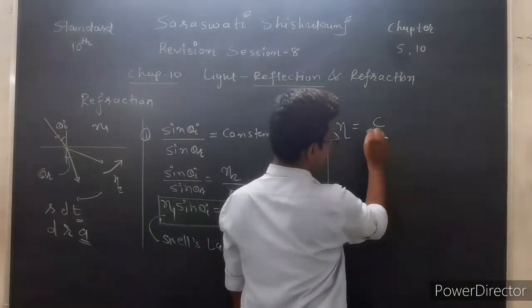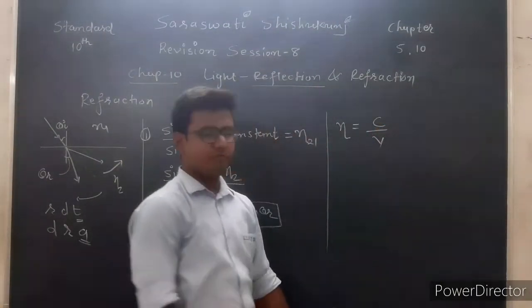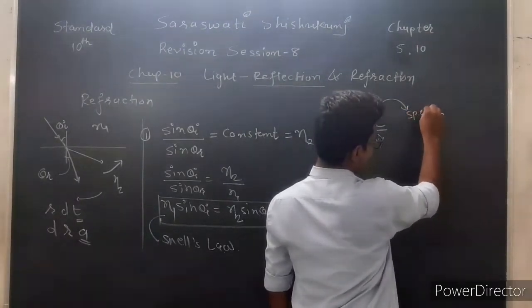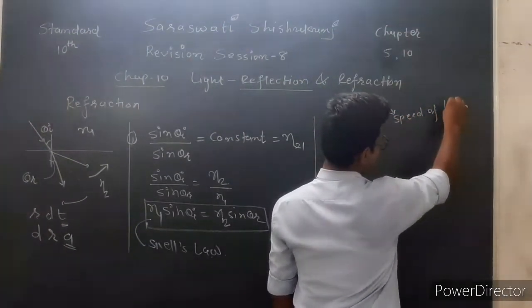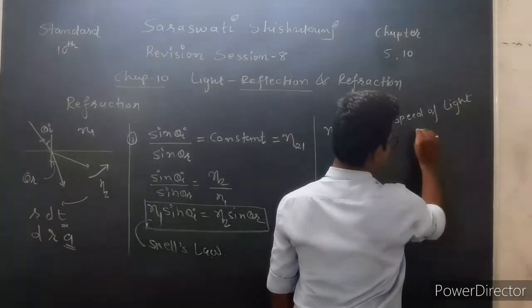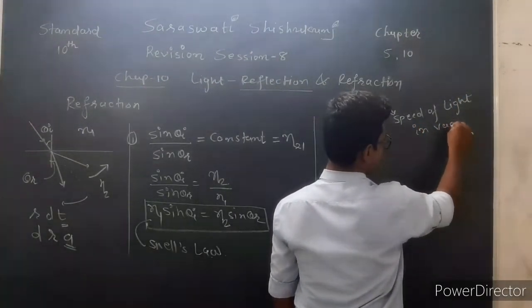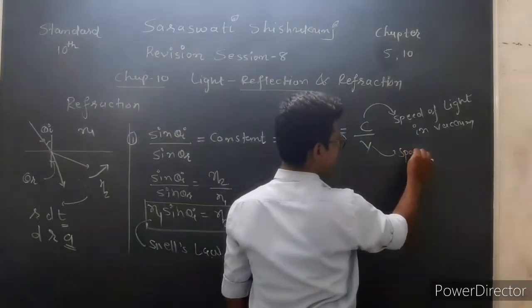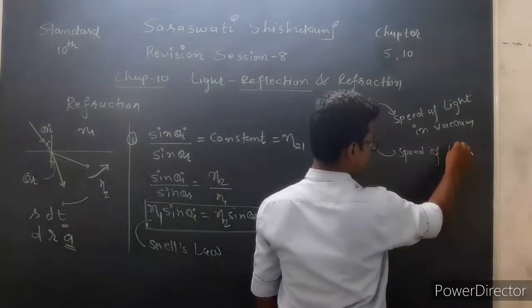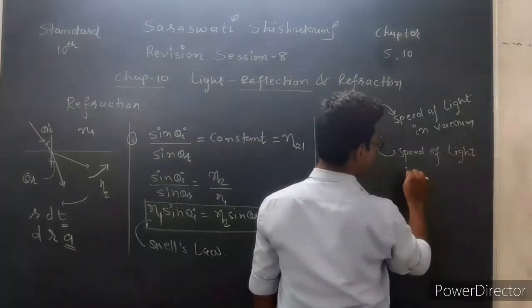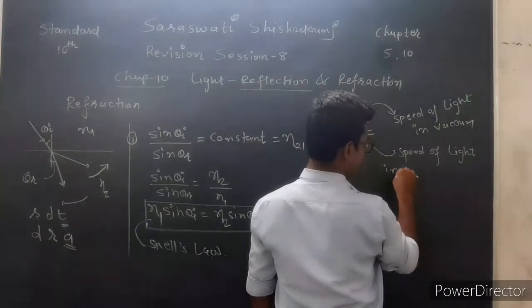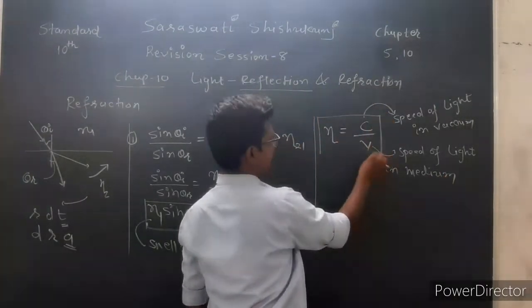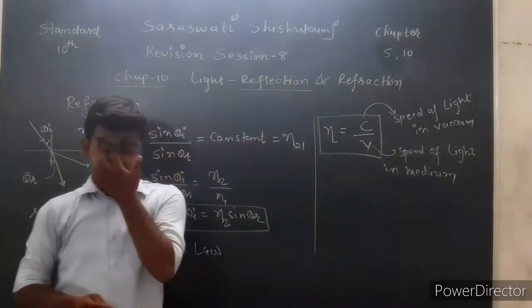This refractive index means c upon v, where c stands for speed of light in vacuum, and v stands for speed of light in any medium. Right? So this way we have understood our refractive index.